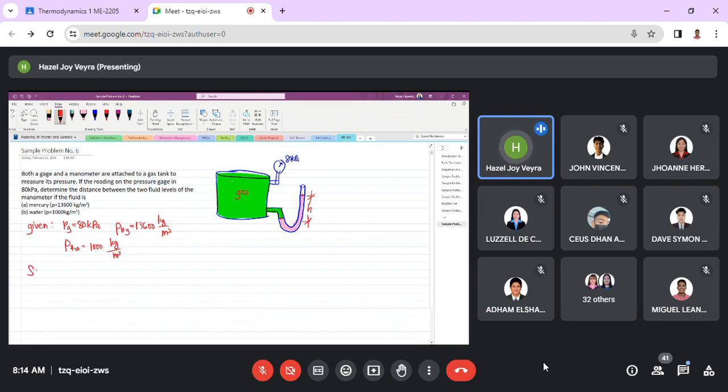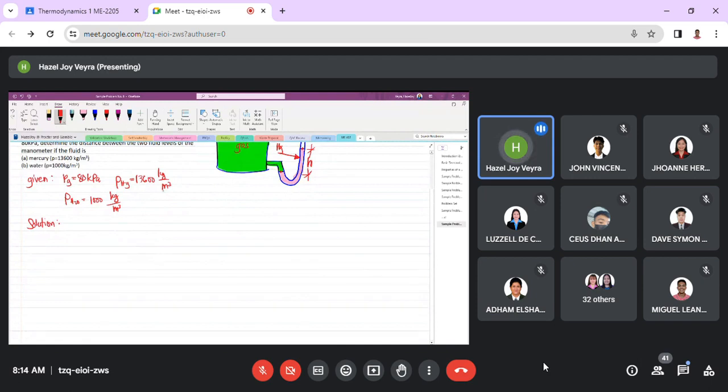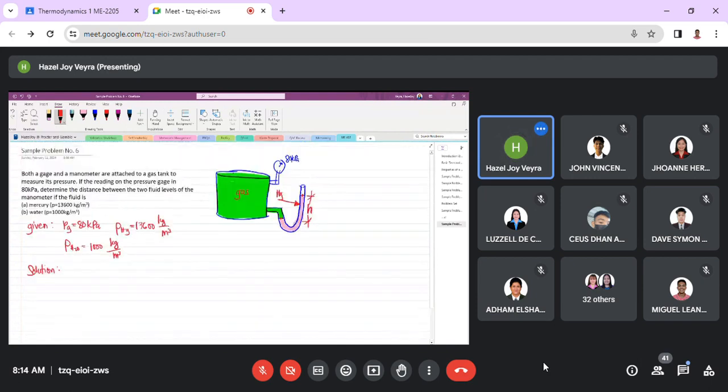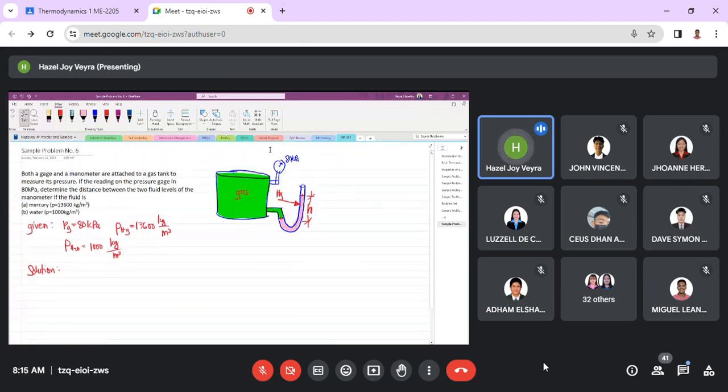So for the solution, first we're asked what will be the distance h. So this distance between the 2 points, if first the fluid used here is mercury. So to solve this problem, first remember class, we're given a gauge pressure, no?